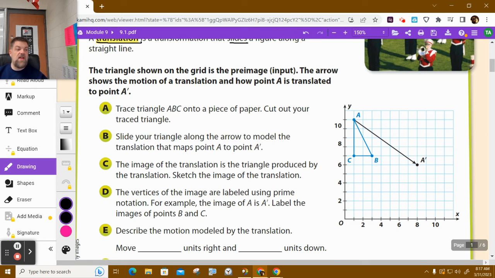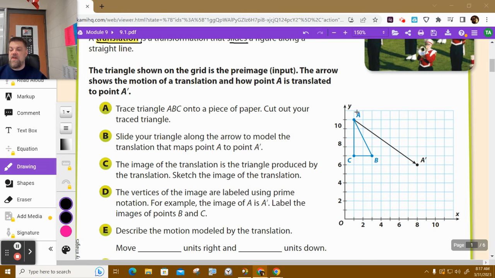So it says that the triangle shown on the grid is a pre-image or the input value. All right. So when we look at this graph over here, the blue triangle is your pre-image. Okay.